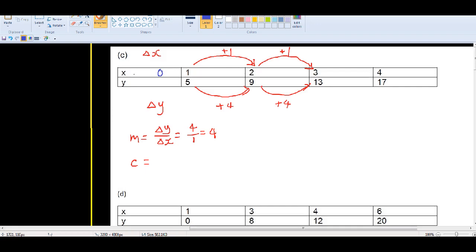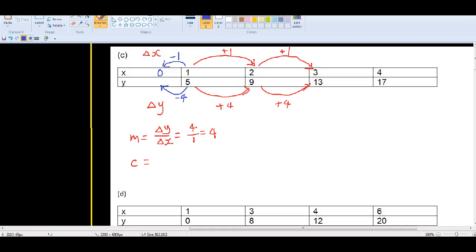So when x is 0, from 1 to 0, you need to take 1, right? When we look at it, when delta x is plus 1, delta y will be plus 4. So how about when delta x is minus 1? Naturally you would think delta y should be minus 4, right? How could we know it's minus 4?